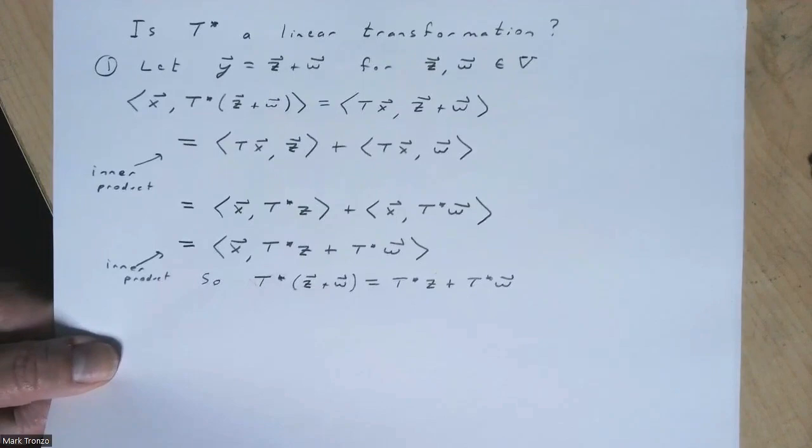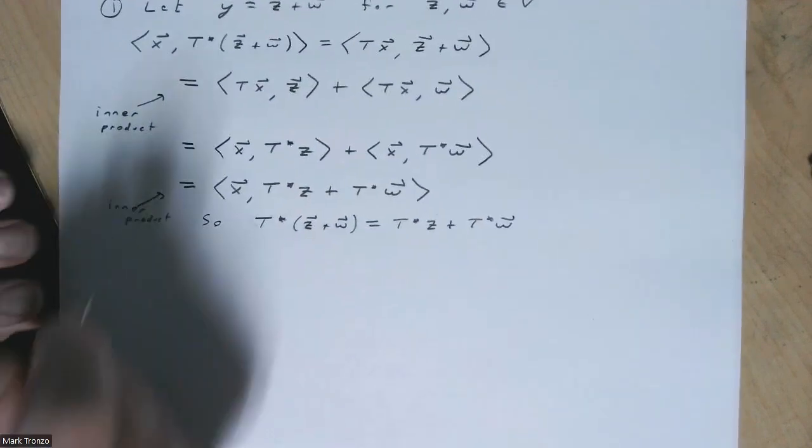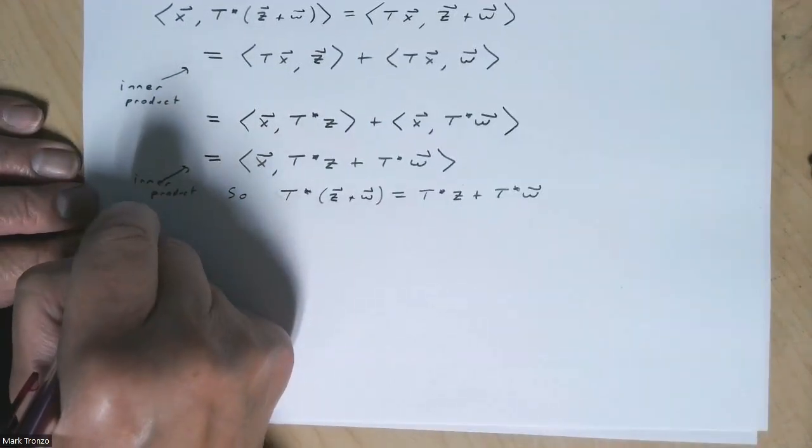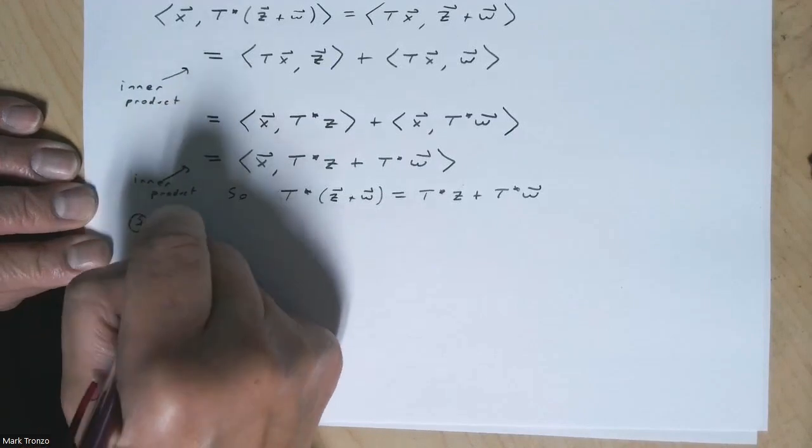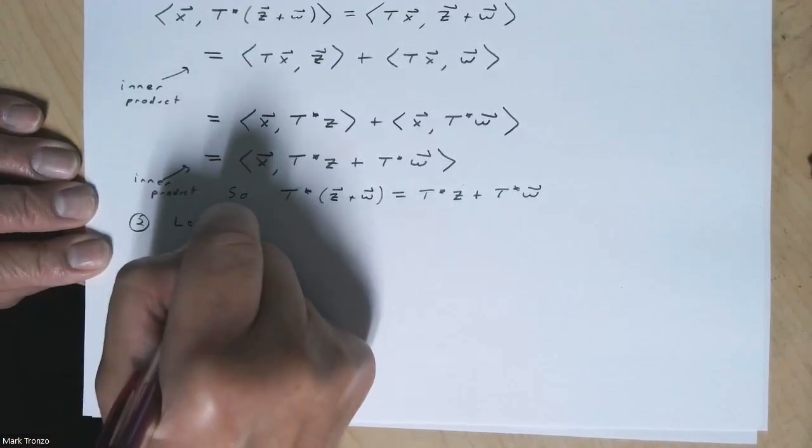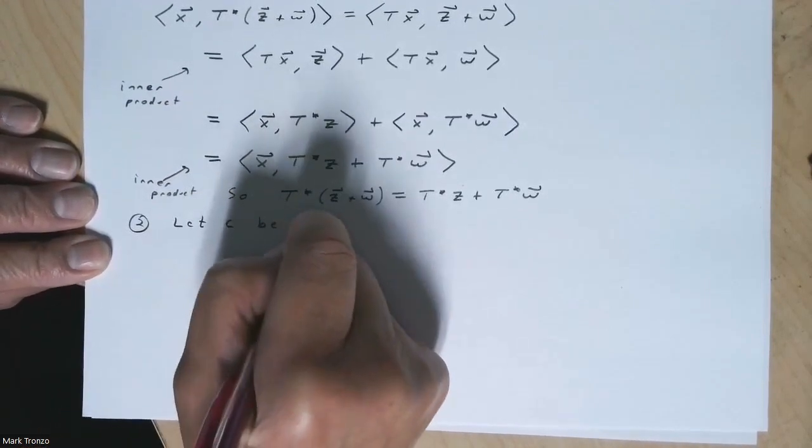Now that's one part of proving something is a linear transformation. And then the second part, let's see, let c be a scalar.